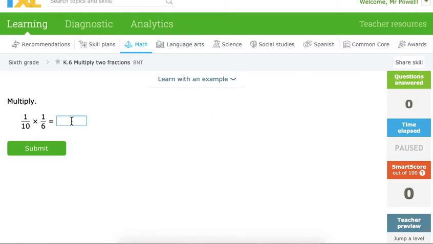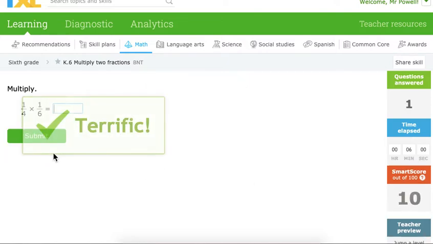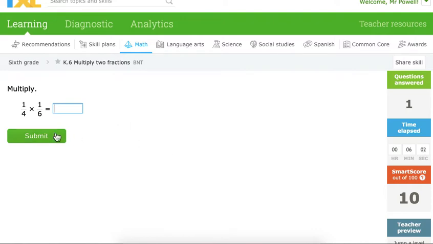So that's our fraction we can put in there. Again, we put it in with a slash. This is the way we put fractions in IXL. That's the way they're going to be putting those in. Okay, submit that in there. And good, again. So we're just going to multiply those straight across.